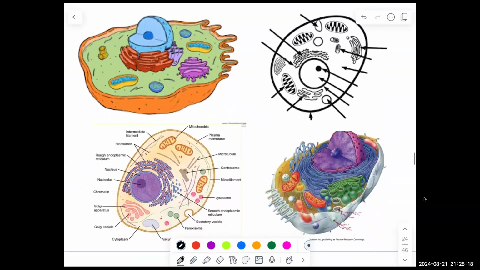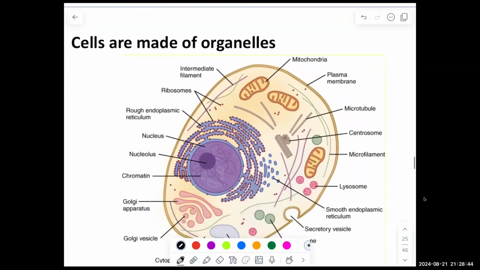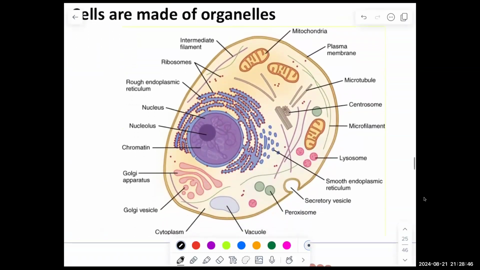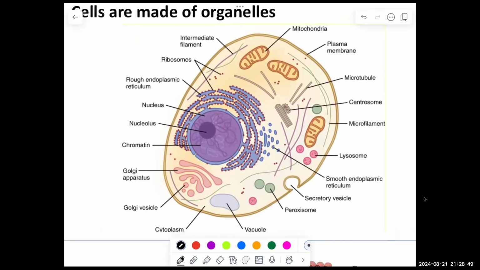I can show you images of different cells, and I expect you to be able to identify the organelles from many images, because they're going to have similar shapes and similar locations. So not only the shape, but identify where it's at, what certain things are trying to represent. So cells are made of two or more organelles. Here's a stereotypical human animal cell.